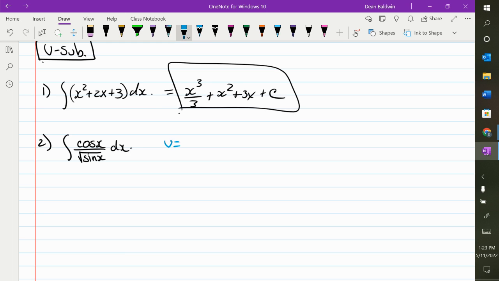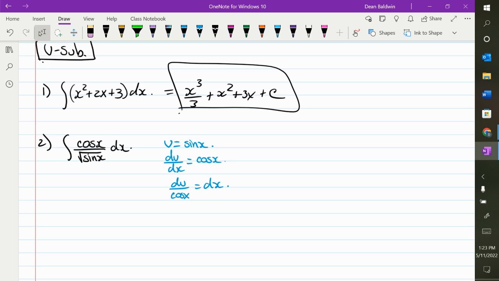So we go U is equal to sine x. You don't include the root, or if it's to the power of 5 or whatever, you don't include that. It's what's inside of it. What's the derivative of sine? So du over dx is equal to cos of x. He solves for dx, right? That's how he does his stuff? Yeah. Okay.